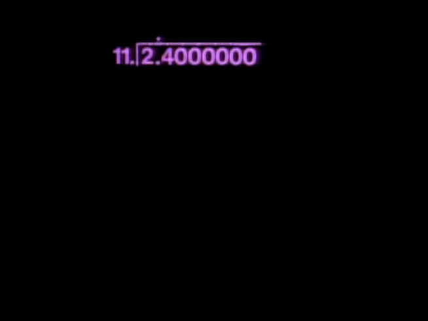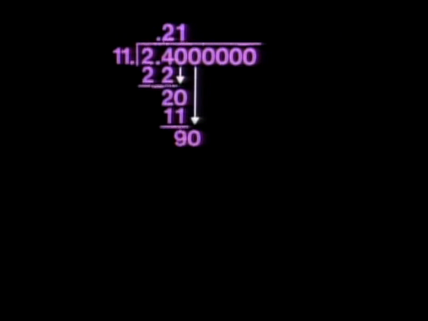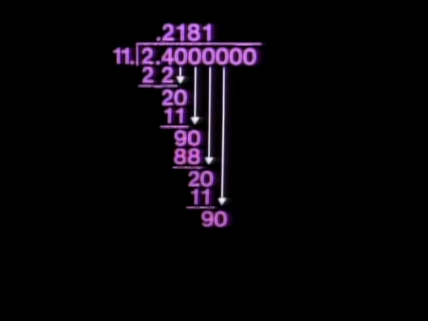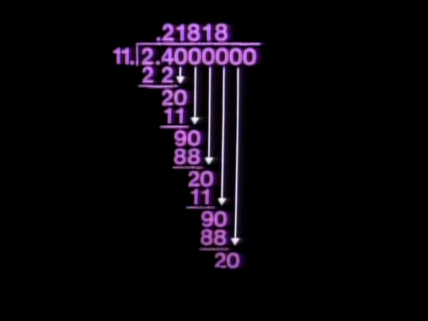The quotient is decimal point 2, 1, 8, 1, 8, 1, 8, and we soon see that no matter how long we continue, we'll keep getting these digits alternately. 1, 8, 1, 8, and so on. Sometimes we write it this way.